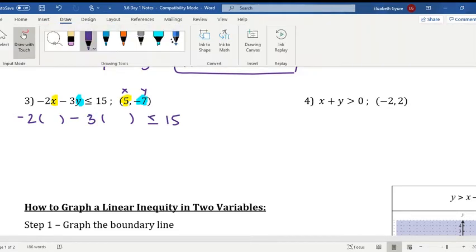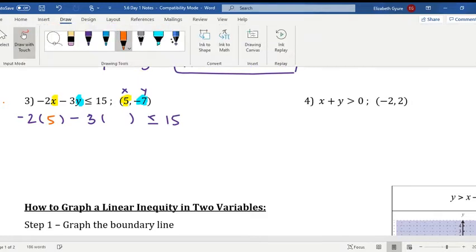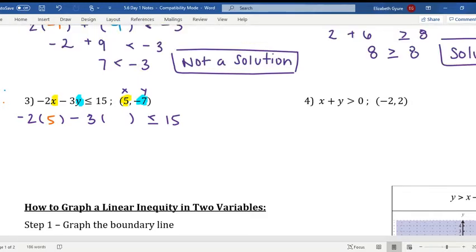So now let's just plug in our numbers to the appropriate places. We have negative 2 times x. Hayden, what am I going to plug in place of my x? Yep, we're going to have negative 2 times 5 minus 3 times my y value. Jake Sanders, what's my y value that I need to plug in?